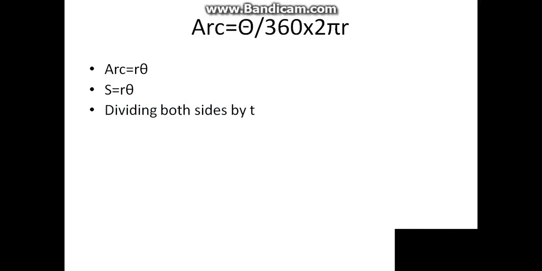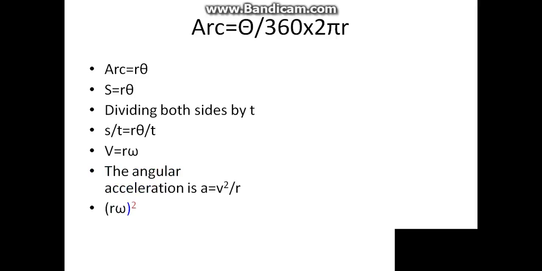Dividing both sides by t, we have s over t is equal to radius times theta all over t. We now discover that s, distance over time, is the velocity, and theta over t is the angular velocity, which is phi. The centripetal acceleration is a equals v squared over r, that is velocity squared over radius.